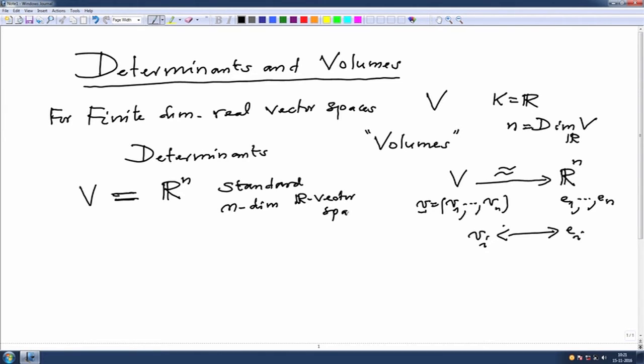And as you know, the concept of volume is something we have been studying from school days.